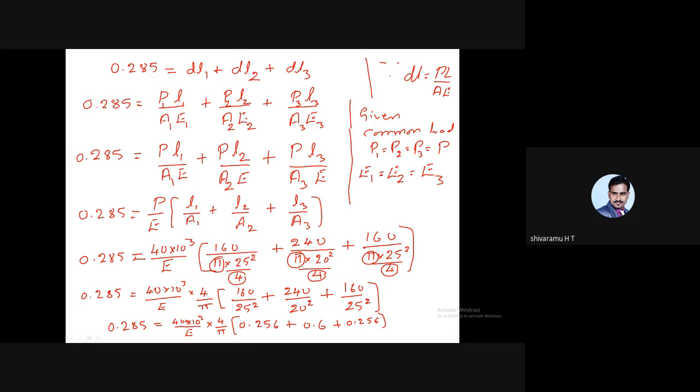After further simplification, you will get the Young's modulus. E is equal to 1.987 into 10 power 5 Newton per square millimeter. So the Young's modulus for the given material is 1.987 into 10 power 5 Newton per square millimeter.